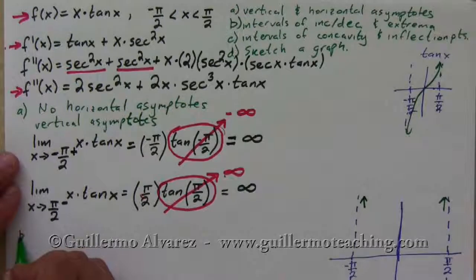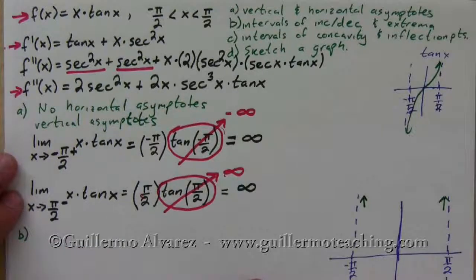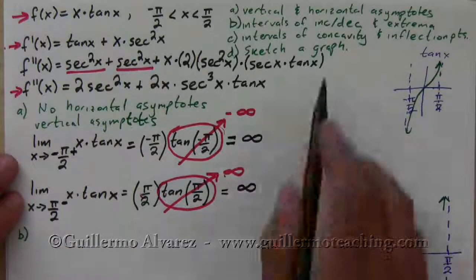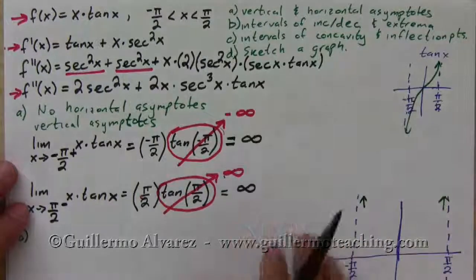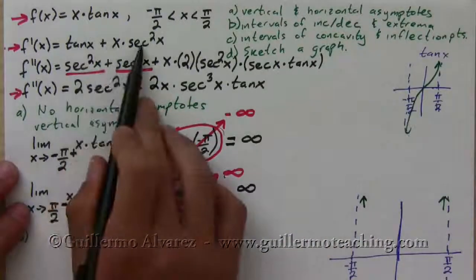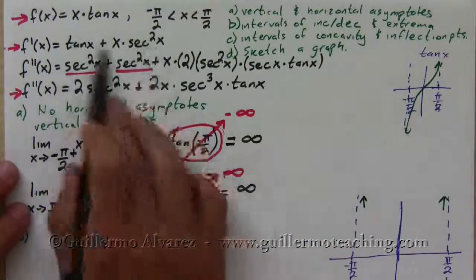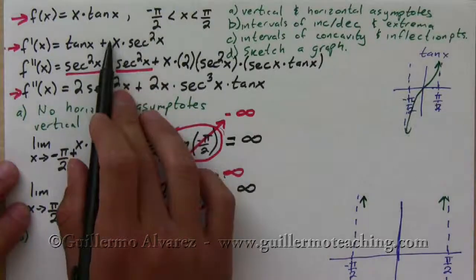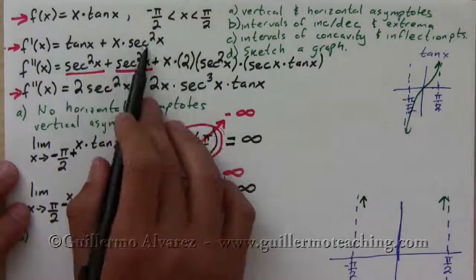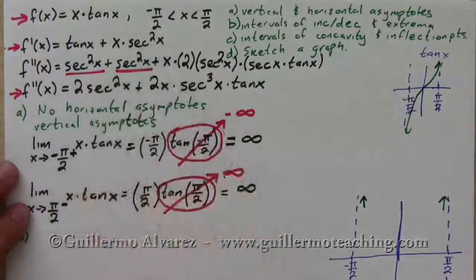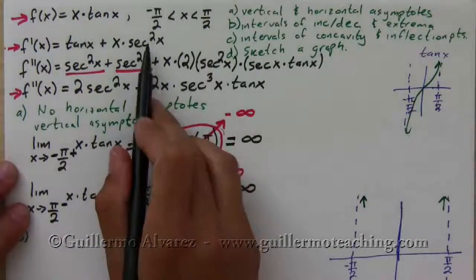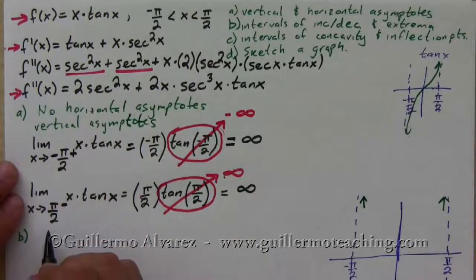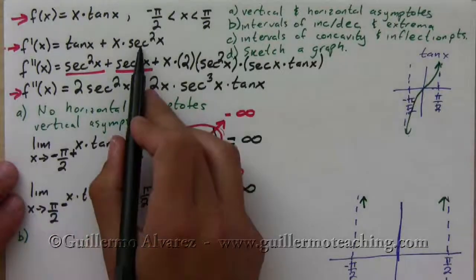Okay, so that's good. Now, let's find the intervals of increase and decrease and the extrema. So remember, first you find the critical points. That's where the derivative is either equal to 0 or undefined. So why don't we turn secant into sines and cosines to make it a little bit easier for us.